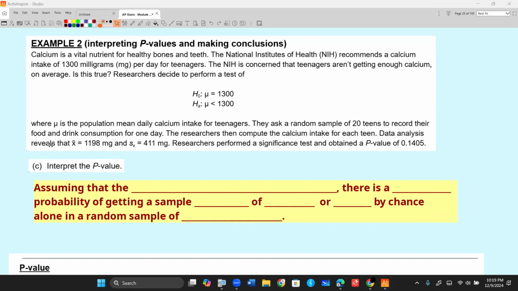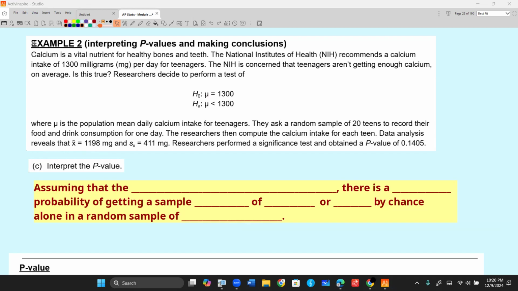We're going to fill that in with our context. So the template we're going to use is: assuming that the blank, so this is what the null is, assuming that that is true, there is a blank probability of getting a sample, depending on the parameter, mean, proportion of some value, or more or less, depending on the direction, by chance alone in a random sample of whatever your sample is. That's a lot to take in.